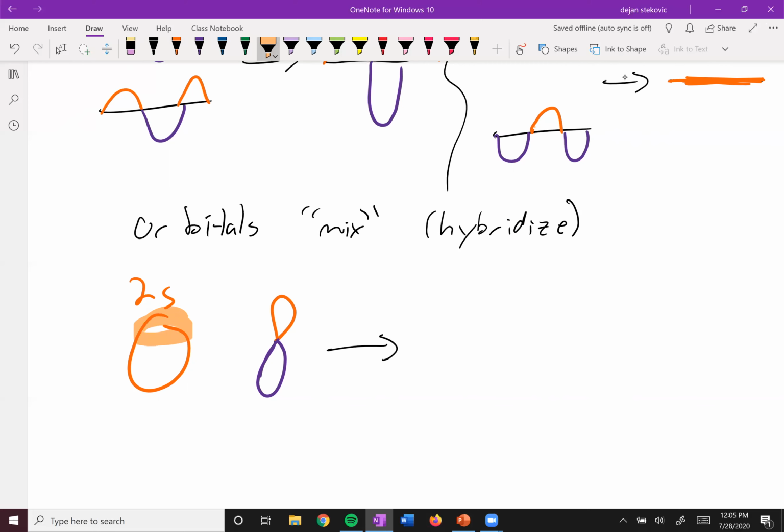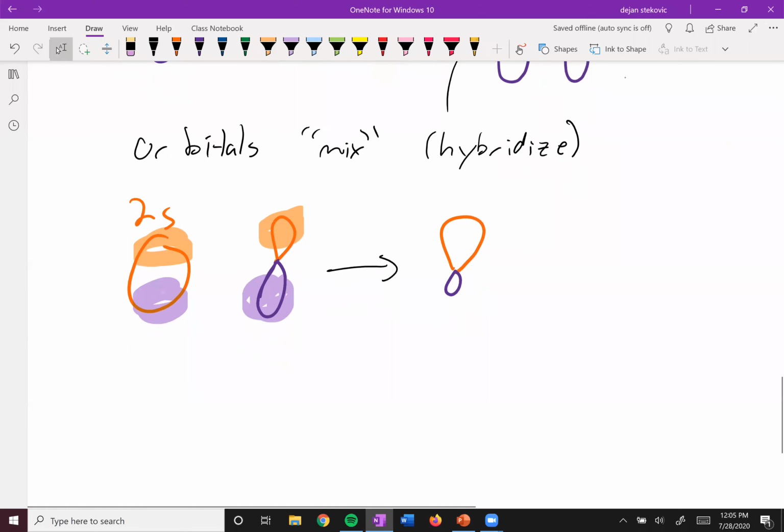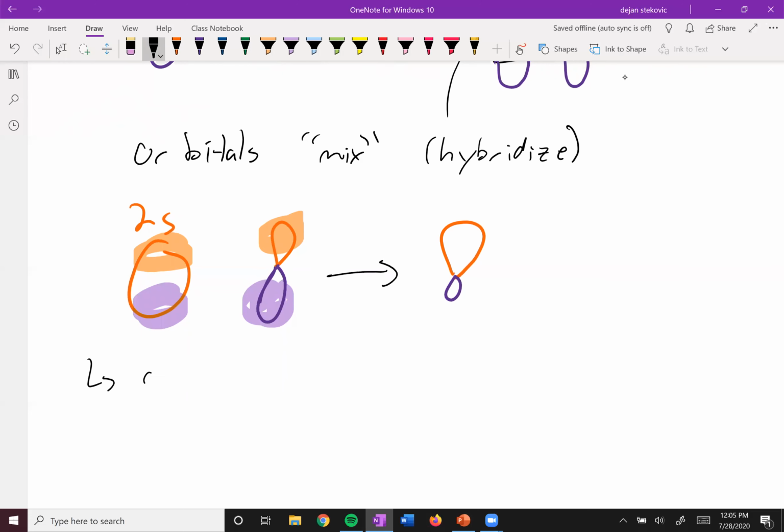This isn't actually totally correct, but we'll say that this part is constructive, this part is destructive, and so you might imagine an orbital something like this. We'll see when we talk about sp orbitals that it actually gets a little more complicated. But overall, our orbitals in a lone atom are not the same as the orbitals in a bonded atom.